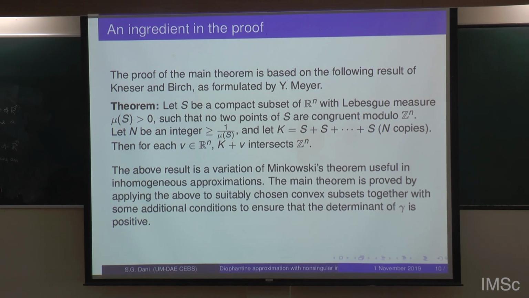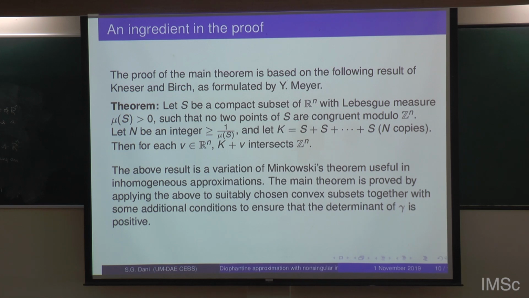This S is not going to be the same S, so keep that in mind. Such that no two points of S are congruent modulo integers. Now this condition forces that the measure of S, which is assumed to be greater than 0, is also less than 1.